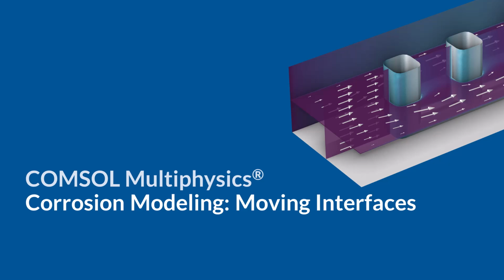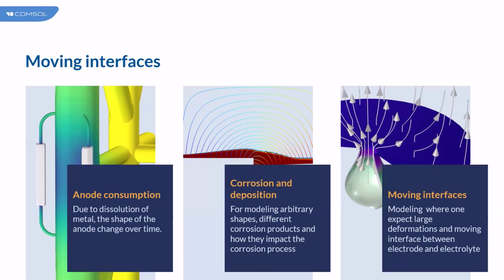In corrosion, moving interfaces can be used in a lot of different types of models. One of them is anode consumption, so you want to see how your anode is consumed and how the shape of the anode changes over time.